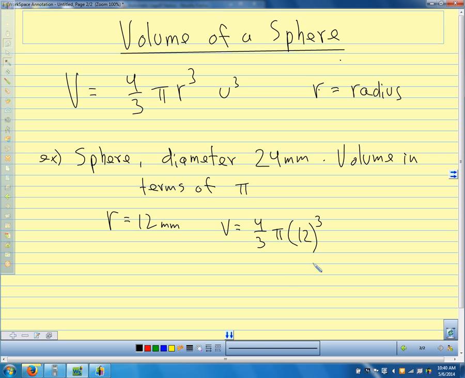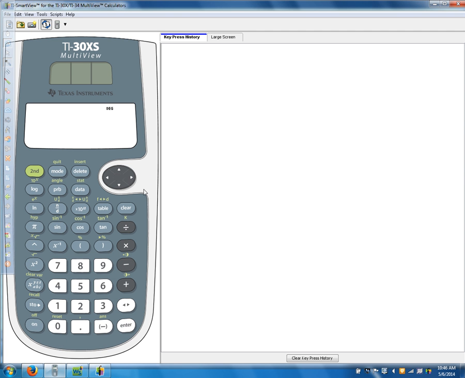In your calculators, I want to show you how to do the cube in your calculator. Some of you may know already. So I'm going to do 12, and then I'm going to use this little up arrow button. 12 cubed, and I get 1728. The little up arrow is our power button. So I go back here.